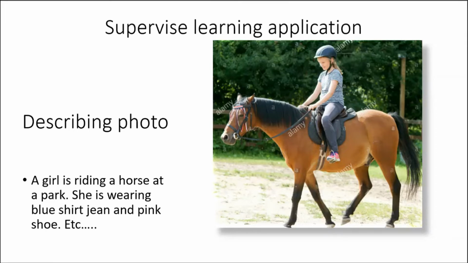The horse is brown. The computer can detect that the girl is a teenager, not an adult, and that she is wearing a hat, and so on. So the computer can make a sentence from these objects. First, you have to identify the objects, and when you identify the objects, it basically uses supervised learning.